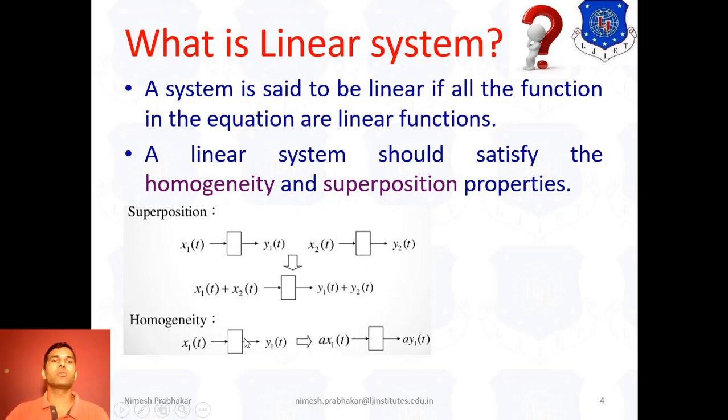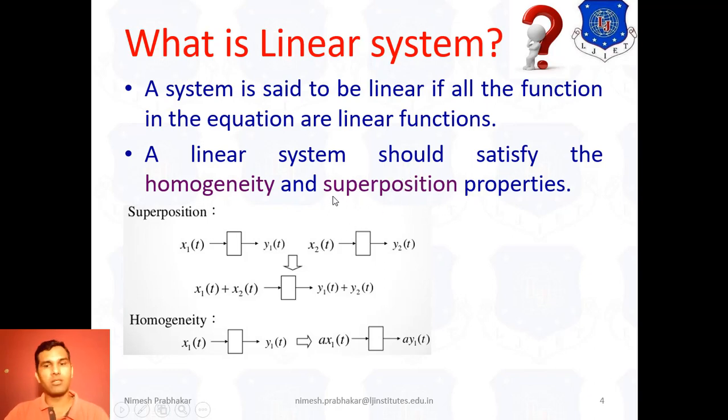And the homogeneity property is, if the system input is x1(t) and the output is y1(t), then if we give a times x1(t) as input we get a times y1(t) as output, and that system satisfies the homogeneity property. So if any system satisfies these two properties, homogeneity and superposition, then that system is known as a linear system.